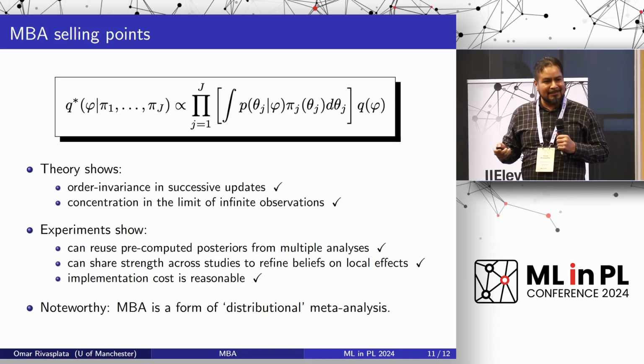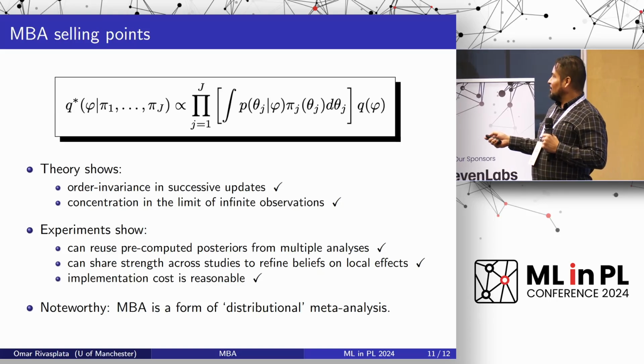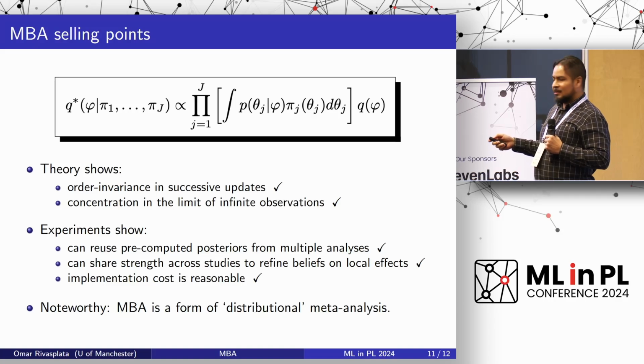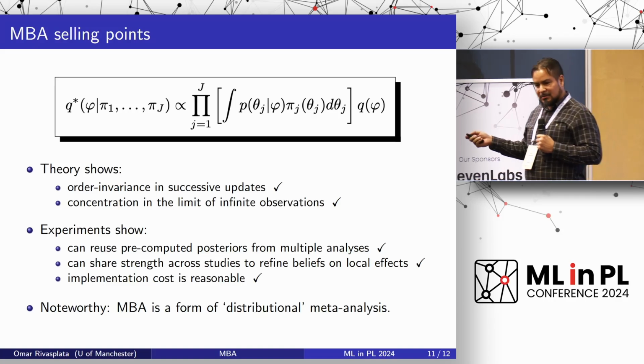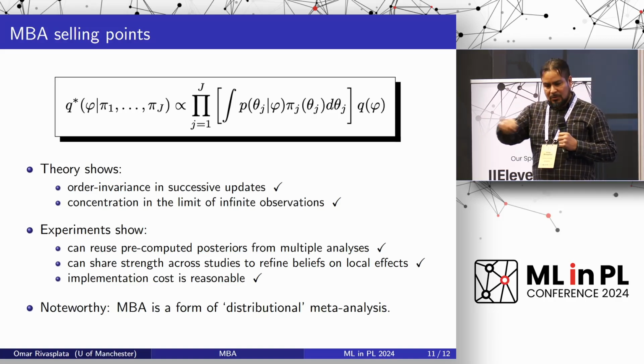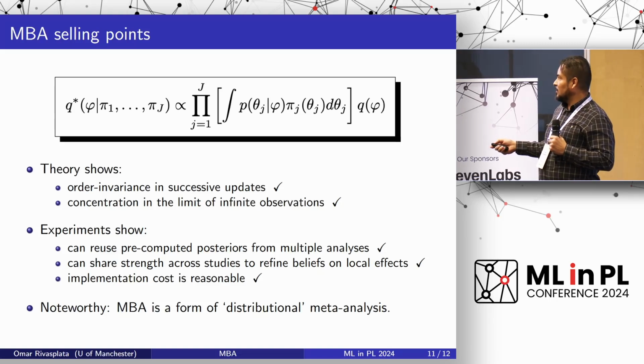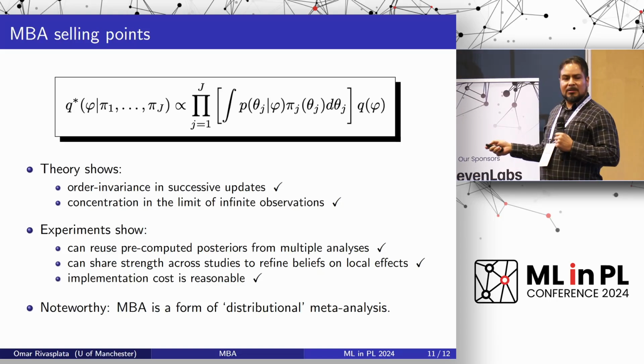We can use them as given, and do a consensus analysis. And there is this property which is sharing strengths across the individual studies in order to refine the conclusions from a study, conclusions being in terms of posteriors, and the implementation seems to be quite reasonable.